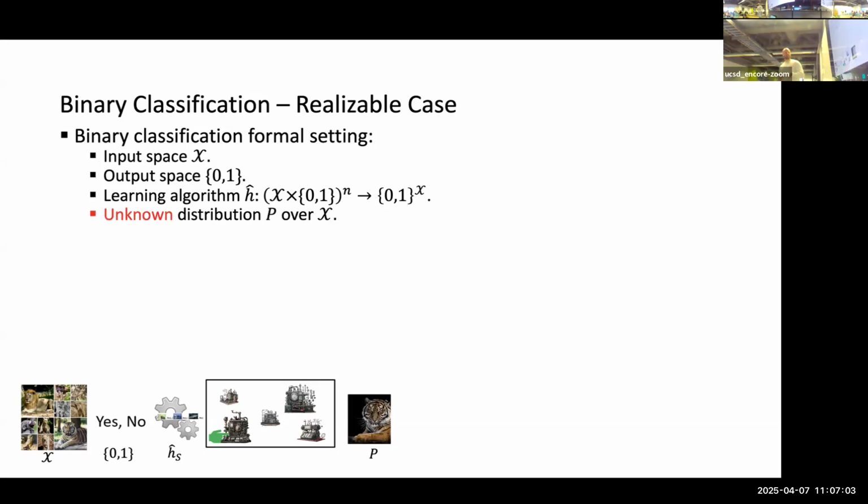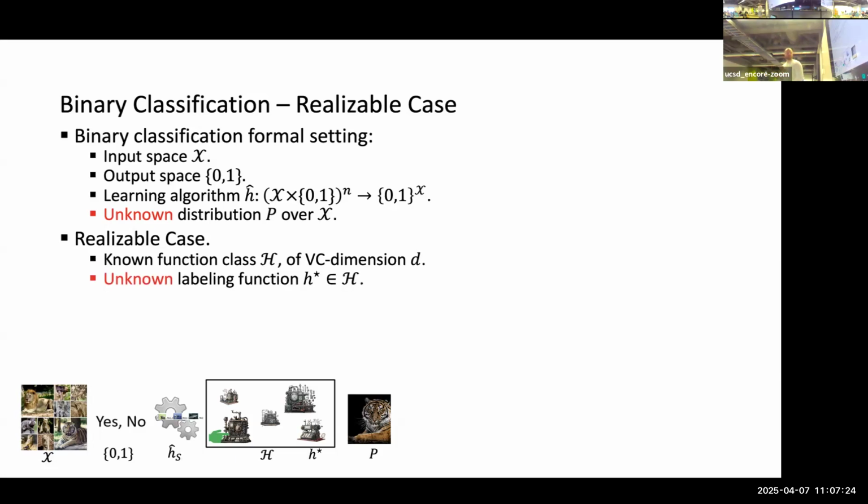Then the next ingredient is this unknown data distribution P over the input domain. The learning algorithm doesn't know what the data distribution is. And then we have this realizable case. What does this mean? This means that there is some predefined function class that we call H. It has a particular VC dimension D, and I'll just summarize what that is if you haven't seen it.